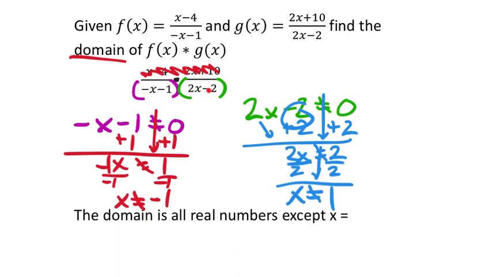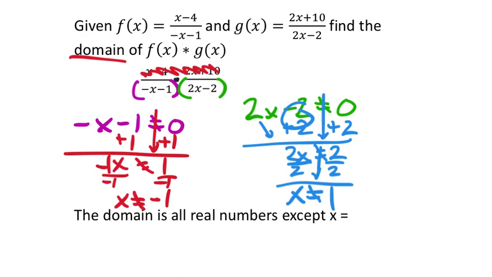So what about the 2x minus 2? Well, if you replace x with 1, 2 times 1 is 2, minus 2 is 0. Again, this would make this factor 0, and 0 times anything is 0, so we'd still have a 0 there. We cannot have zeros in the denominator, so we have found that x cannot equal negative 1 or 1. Those values are excluded from the domain, right?